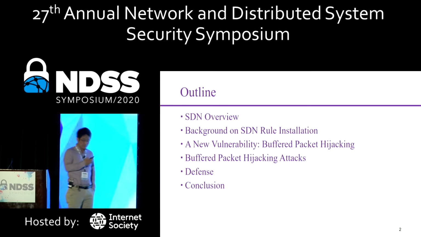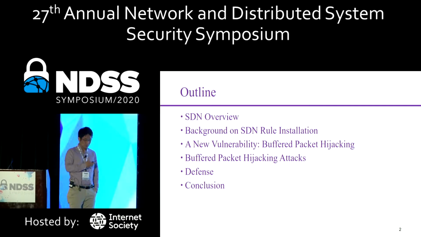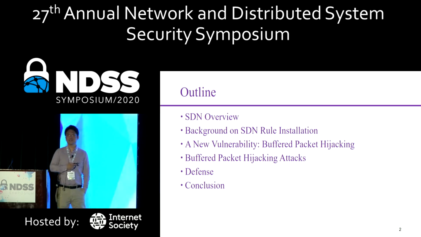By using this vulnerability, a number of attacks can be developed by misusing it. We also propose some countermeasures to defeat all those attacks. Since all those attacks are new, most existing defenses cannot defeat them.